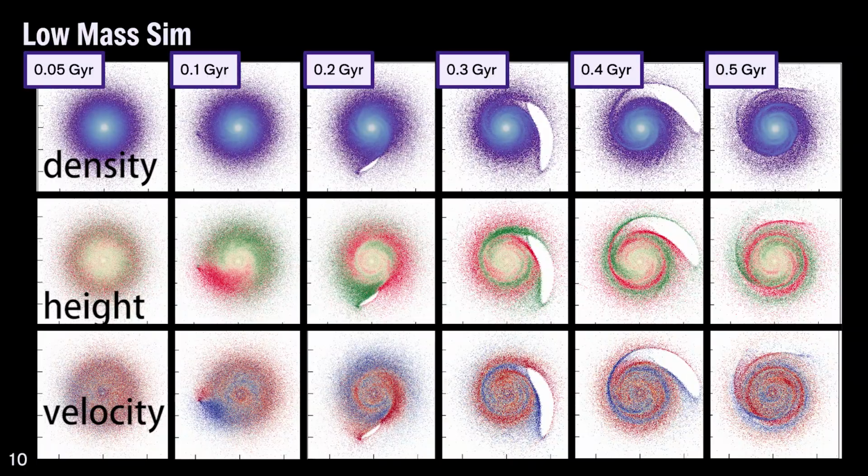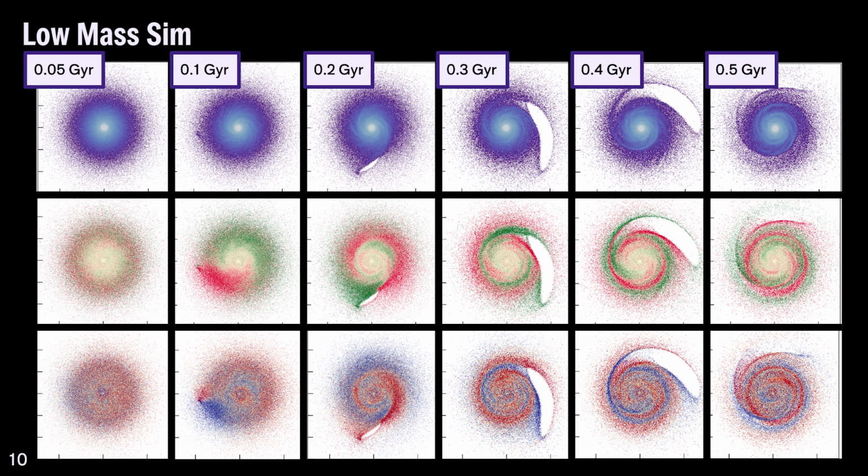We're going to start off with the low mass simulation, and this time span is just slightly after Sagittarius hits the disk and causes a kerfuffle, basically. And you can start to see a bending wave emerge. So on the top row, we've got the surface density of the disk.